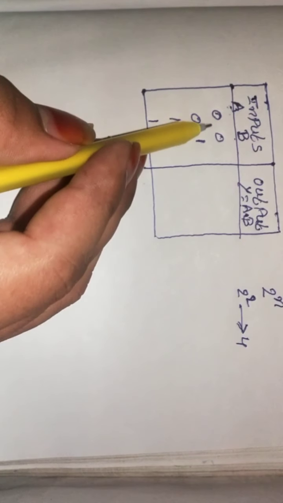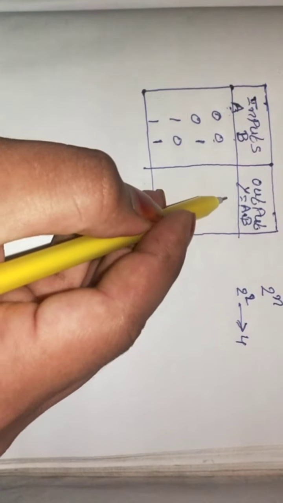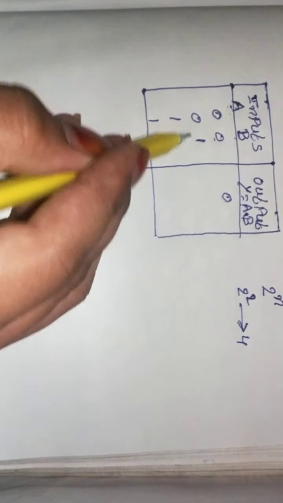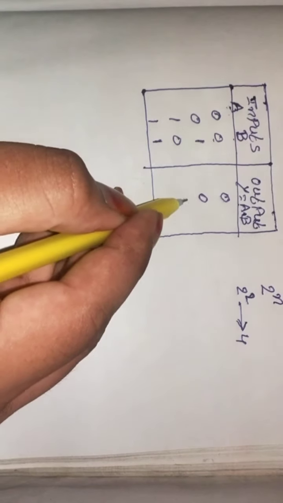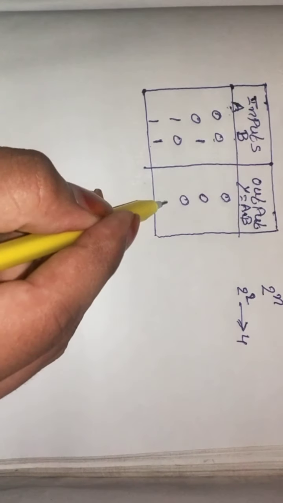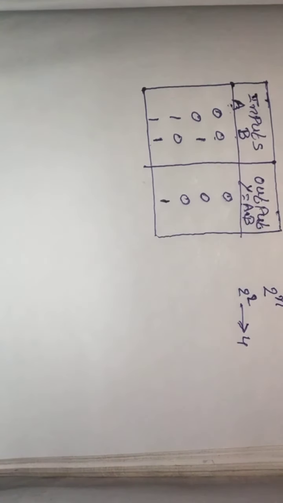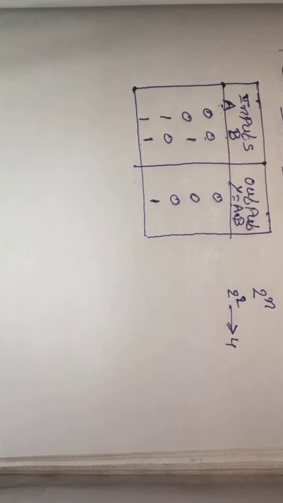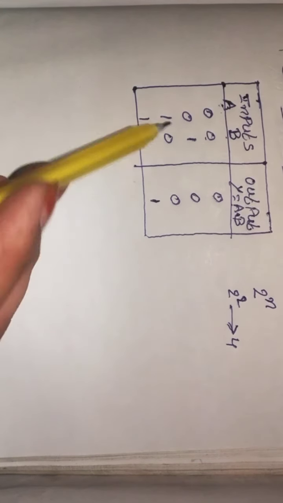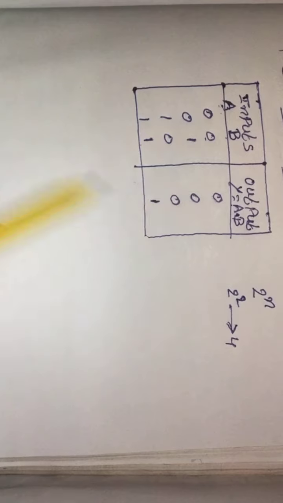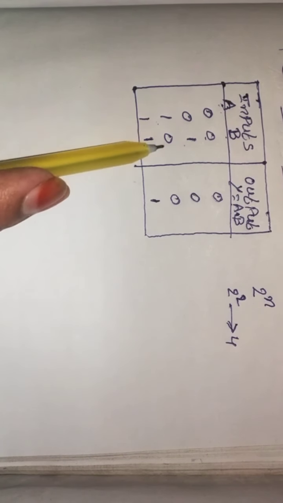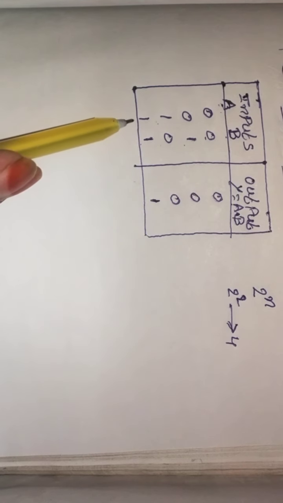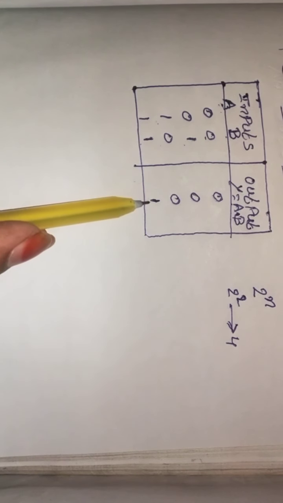In general multiplication, 0 into 0 is 0, 0 into 1 is 0, 1 into 0 is 0, 1 into 1 equal to 1. In general multiplication, 0 into anything equal to 0. So 0 into 1 equal to 0, 1 into 0 equal to 0, then finally 1 into 1 equal to 1.